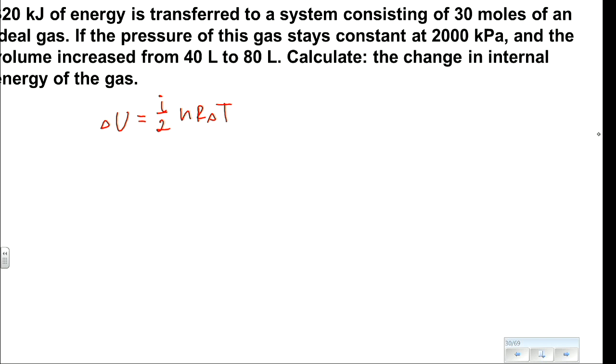But as we have derived five minutes ago, for the process happening at constant pressure, we can also use this equation, which gives the answer faster because we know the pressure, we know initial volume, we know final volume.